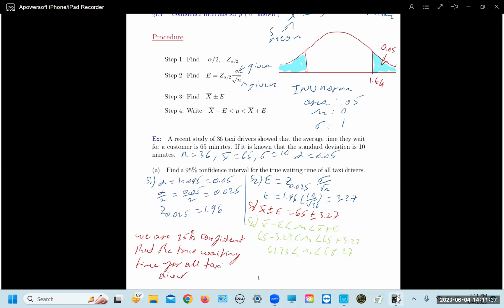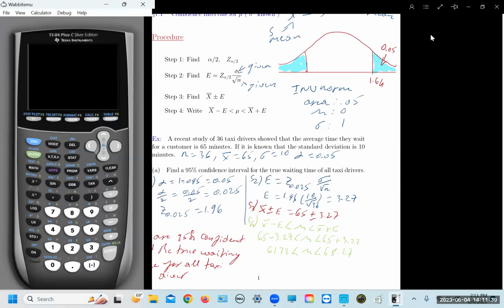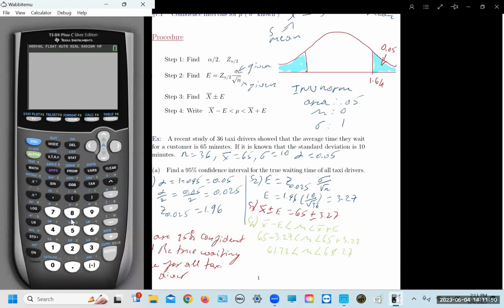So here, I can show you with the calculator. We do the same thing. I can show with the calculator, it's the same thing. We go for start and we go for test. So let me write out something here on the side.